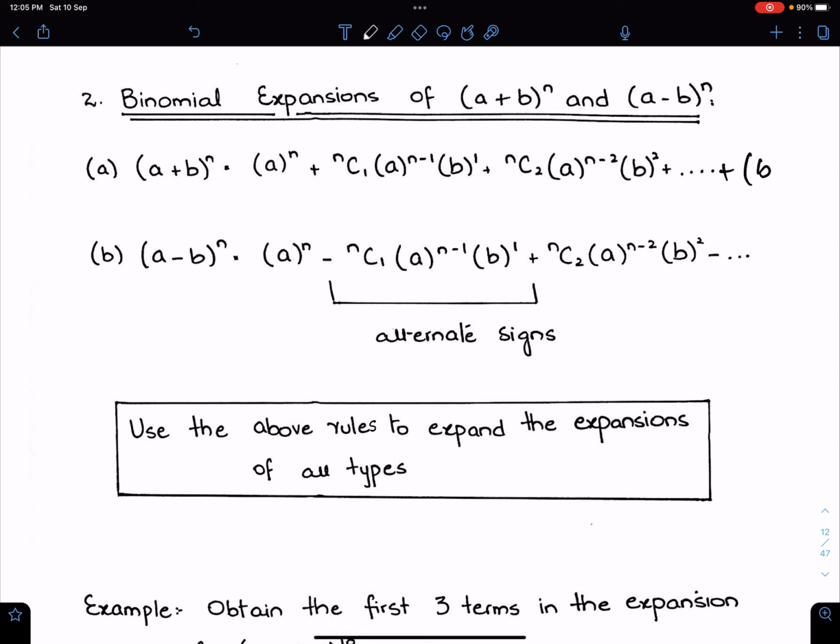This is the last one. When we have negative sign here, then signs are alternate. When we have plus sign here, then all signs are same, plus signs. Well, you can use these two results to expand the expansions of all types.